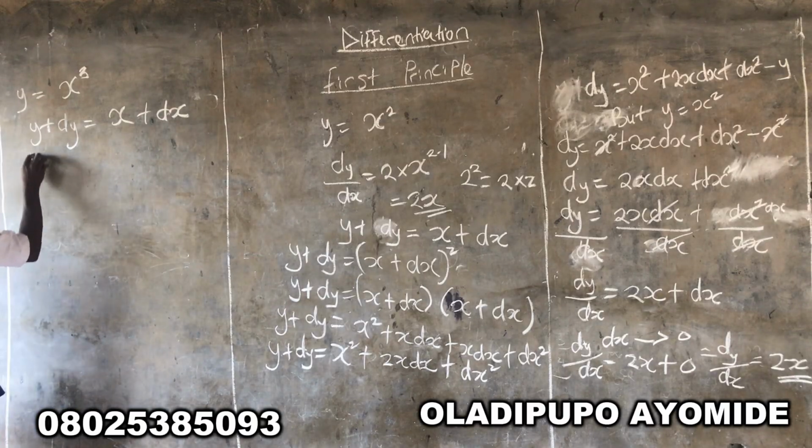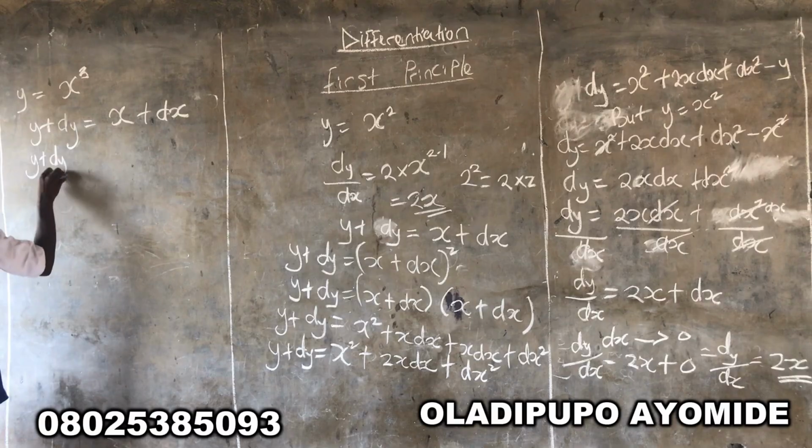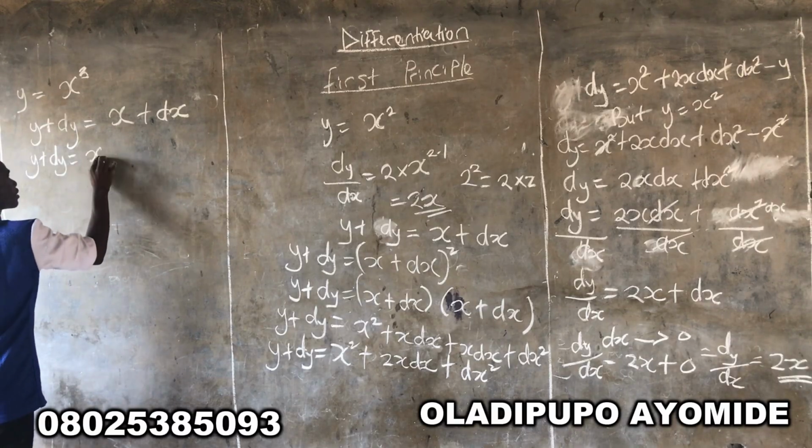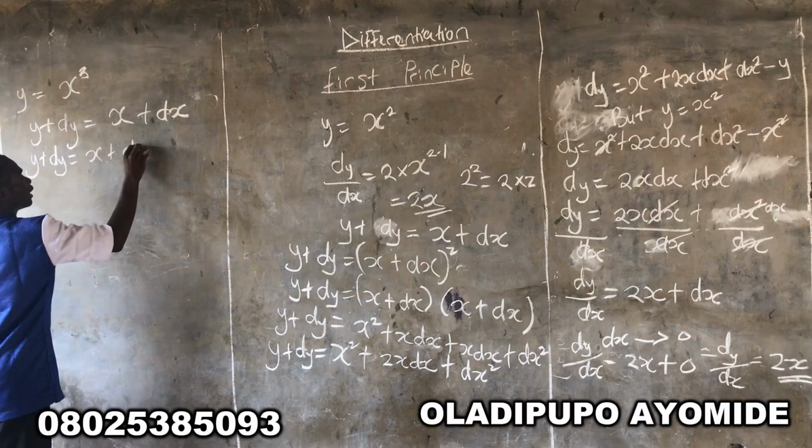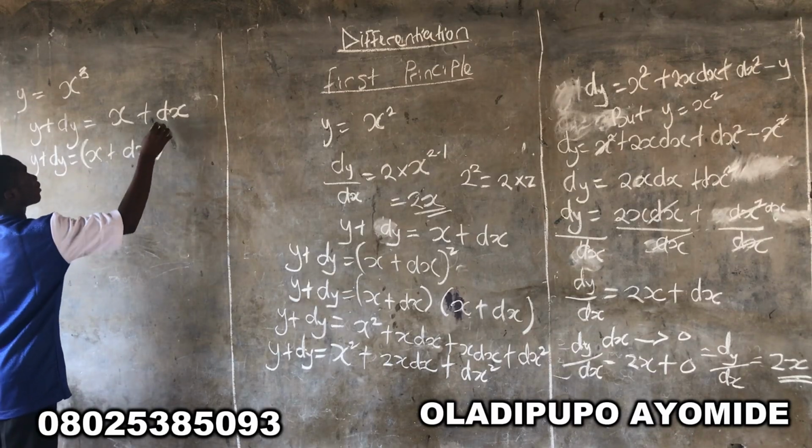Here we now say our y plus dy is equal to x plus dx raised to power 3.